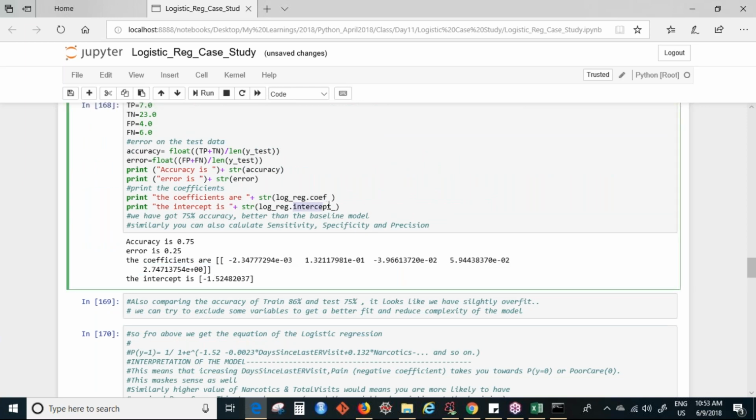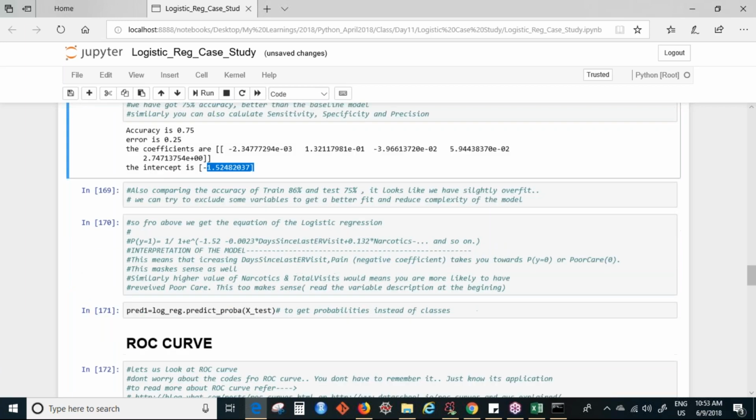And similarly I can get the intercept also. Intercept is beta naught. So intercept is this value, minus 1.52. That is my intercept. So I've written that here.